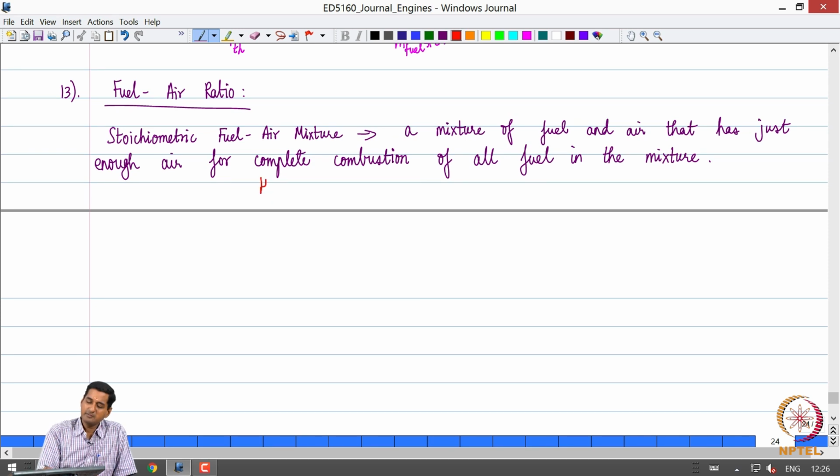Okay. So, what do we mean by complete combustion? All the hydrocarbon should be completely oxidized to H2O and CO2. So, that is a perfect fuel air mixture, a chemically correct fuel air mixture, or what is called a stoichiometric mixture.